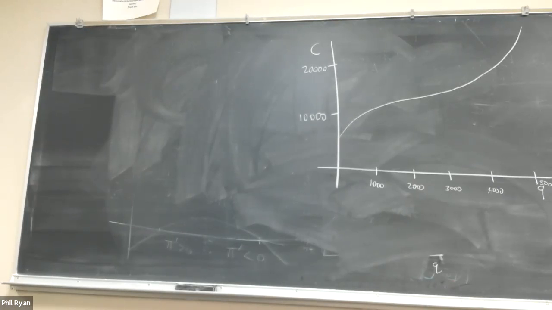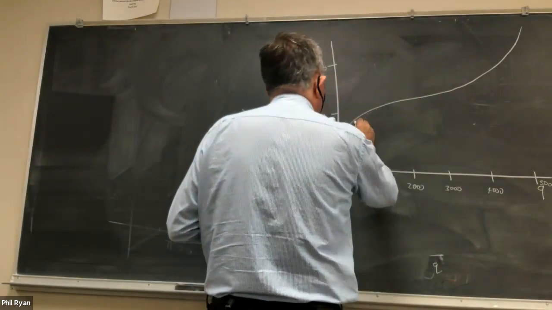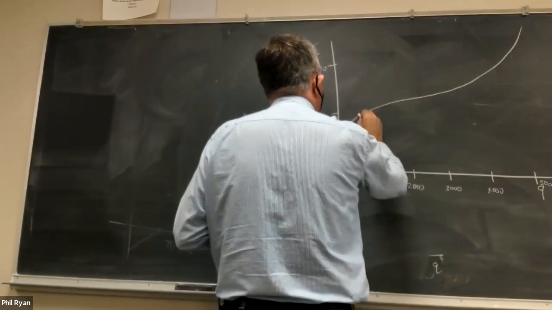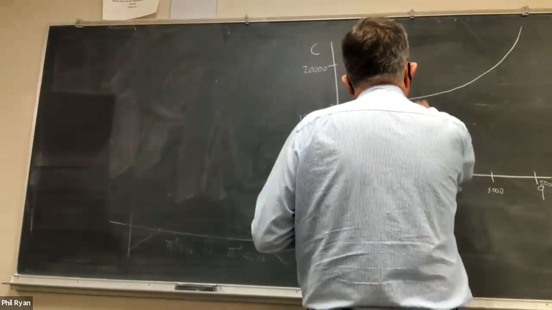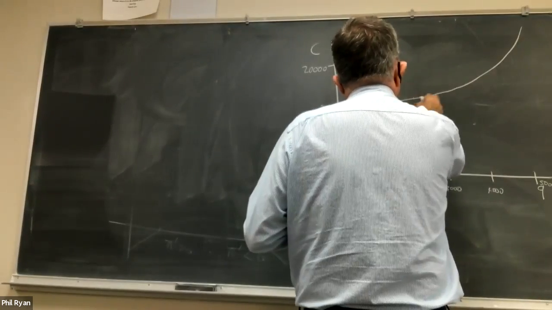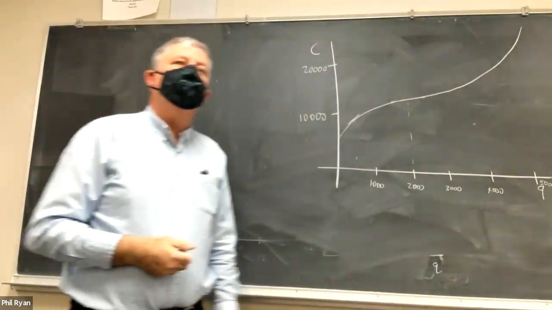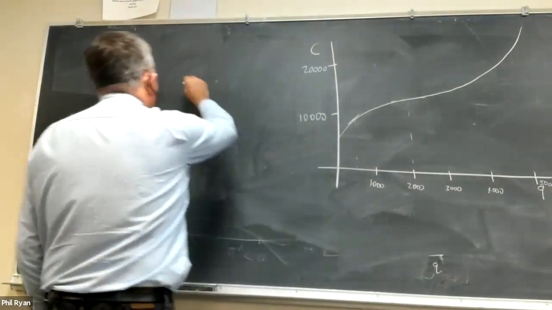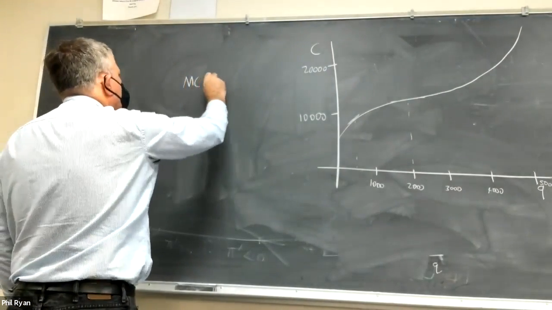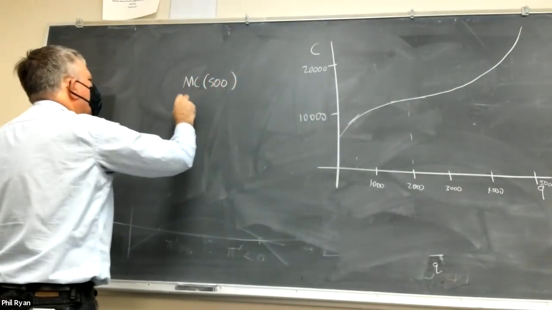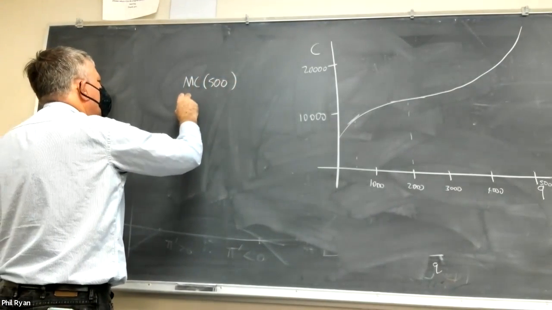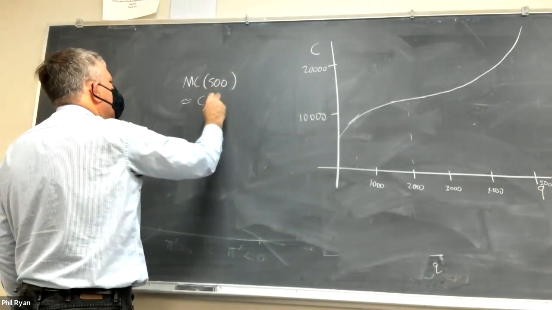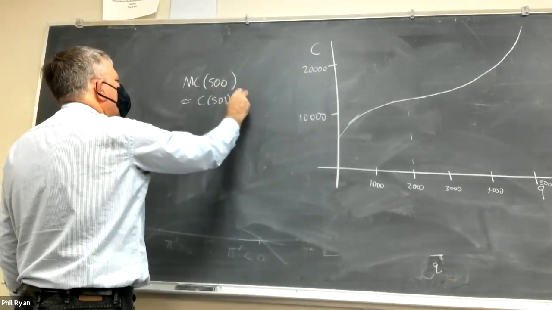The 500th. Everyone see that? How do you see that? Because the derivative is higher. The slope here is steeper than the slope here. Because if you think about what is the marginal cost for producing that 500th good, we can think of that as the cost of producing the 500th good.